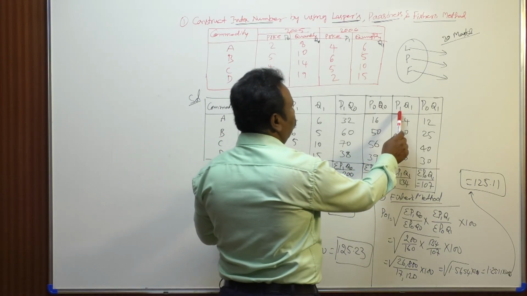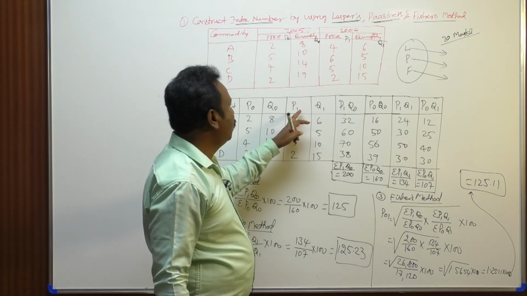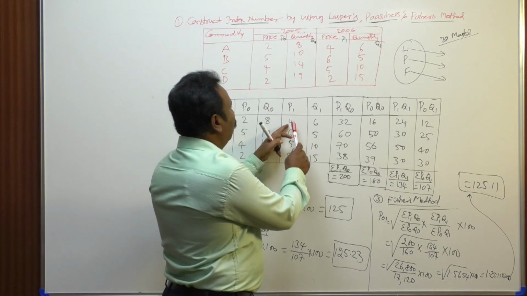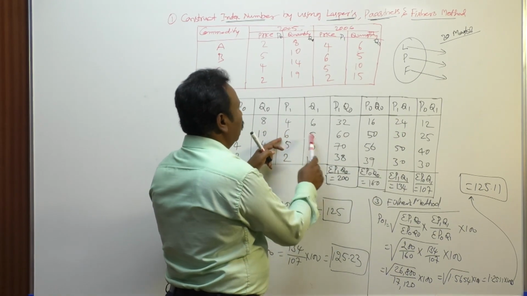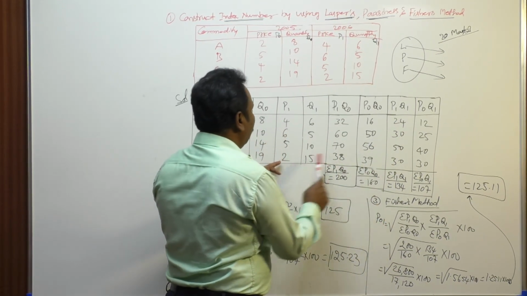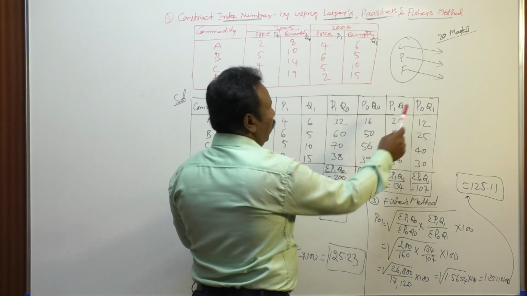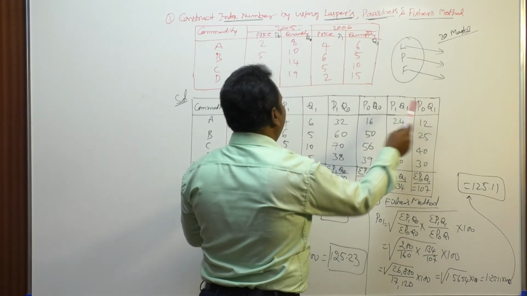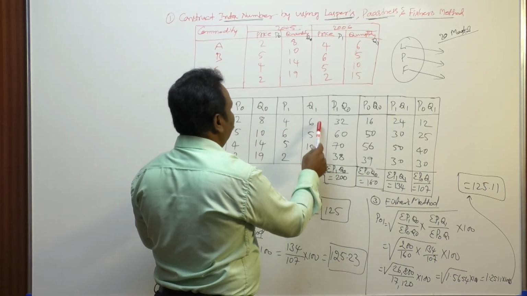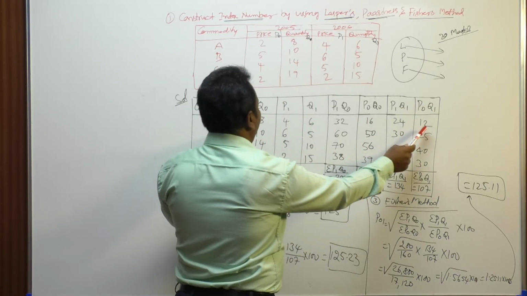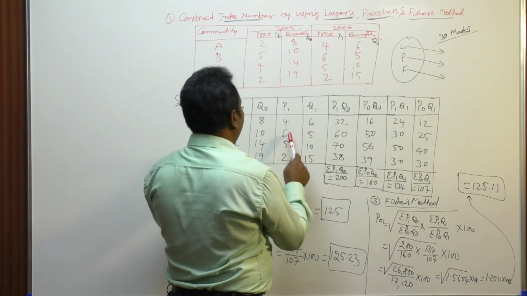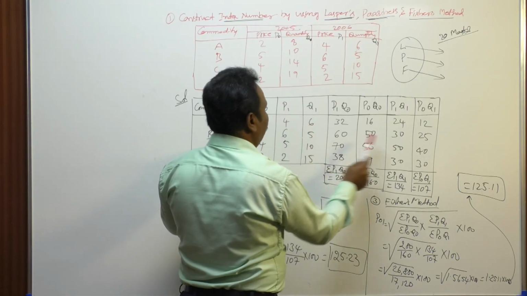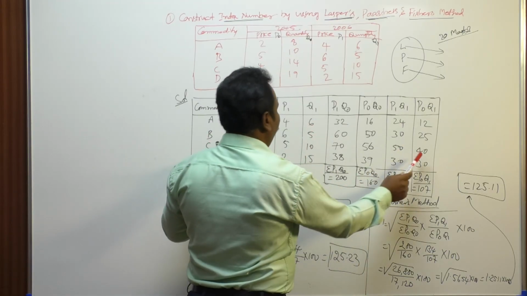Then P1 Q1, the current year price and current year quantity: 4 into 6, 24, 6 into 5, 30, 5 into 10, 50, 2 into 15, 30. Then P0 Q1, base year price and current year quantity: 2 into 6, 12, 5 into 5, 25, 4 into 10, 40, 2 into 15, 30.